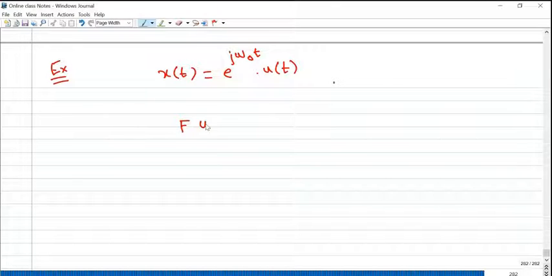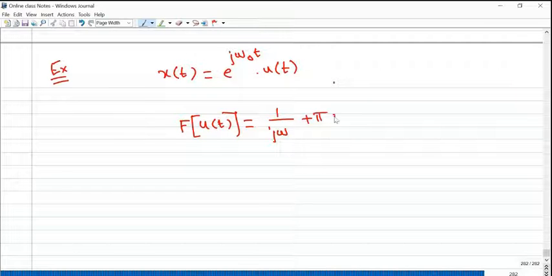What is the Fourier transform of u of t? We have solved it already. The result is 1 by j omega plus pi del of omega. In the previous classes we wrote u of t in terms of the signum function plus some DC value, and finally obtained this result.